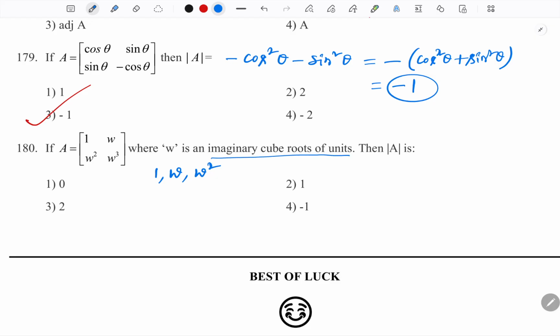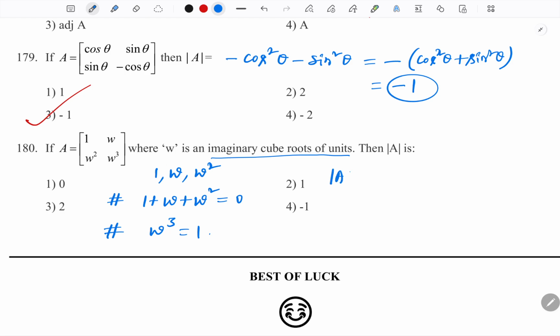Then they are asking the determinant of A. First write the two basic properties. The sum of the cube roots: 1 plus omega plus omega square equals 0, and next property, omega cube equals 1. Using this, find the determinant of A.